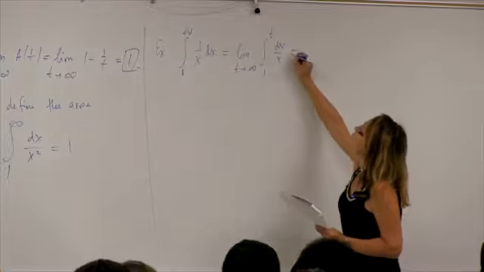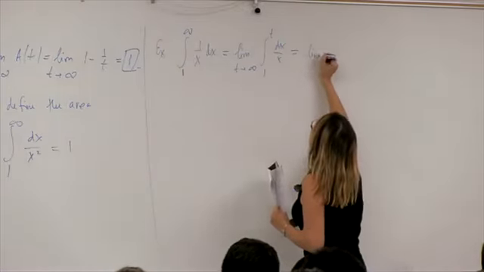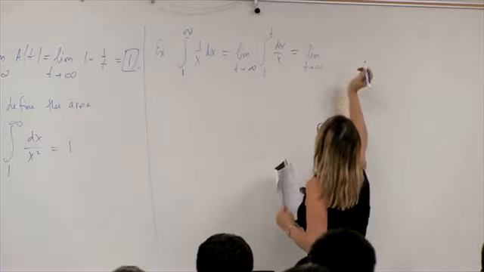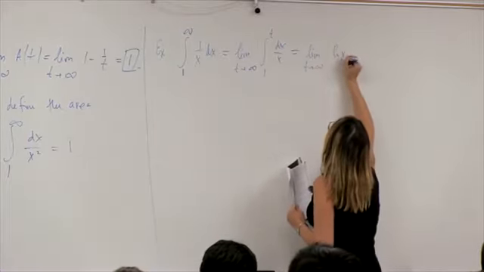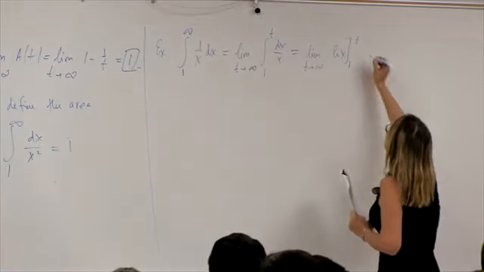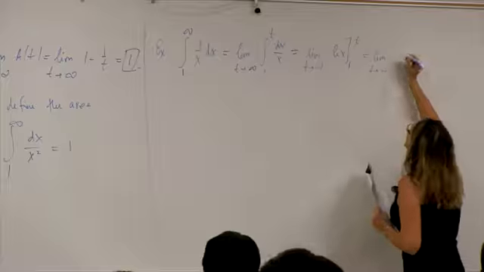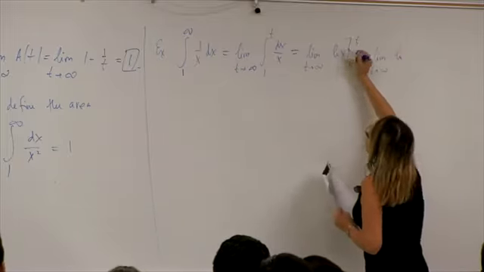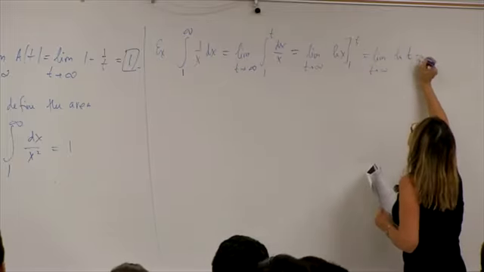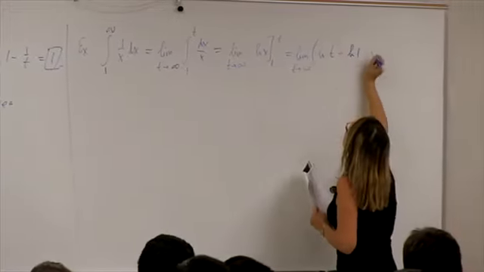Now, what's the antiderivative here? It's the log. So limit as t goes to infinity of the log of x substituted at 1 and t. I continue to write. So I have log t minus log 1.